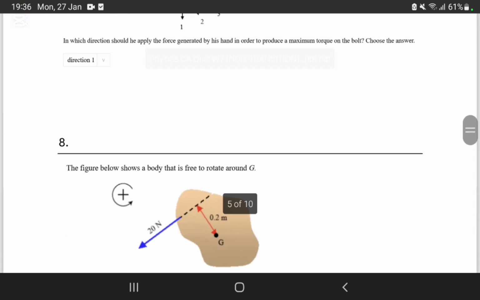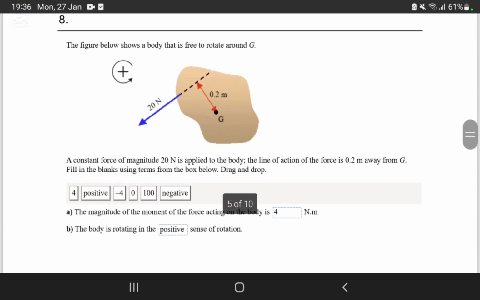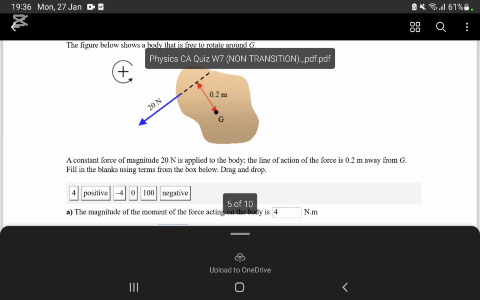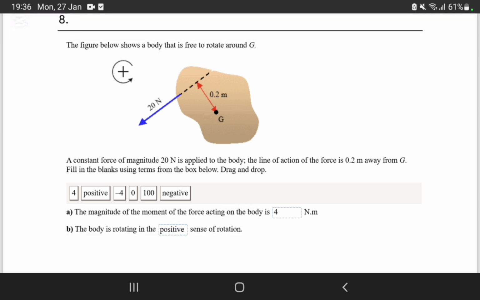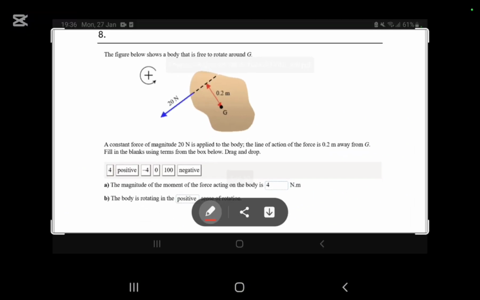Number 8. The magnitude of the moment of the force acting on the body is 4 newton meters.